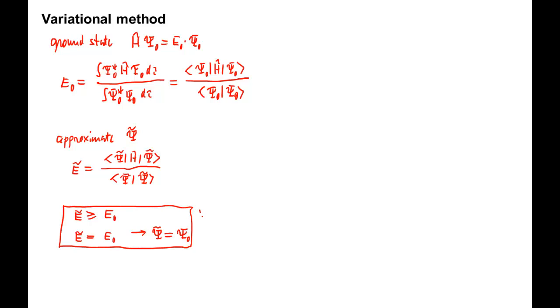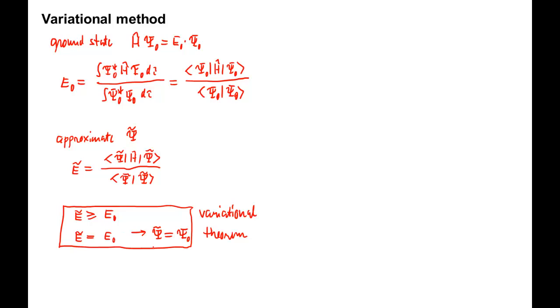This is the variational theorem. It is very useful. It says that no matter what wave function we choose, no matter how bad our choice is, we will never calculate an energy that is lower than the true ground state energy.